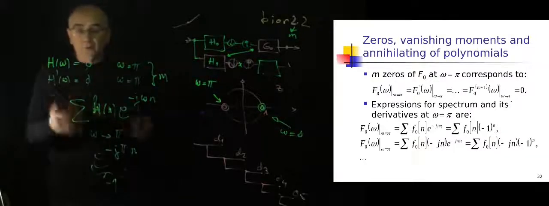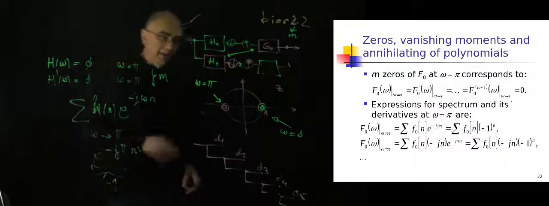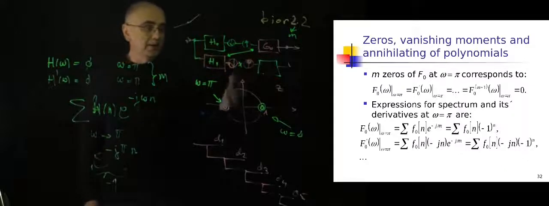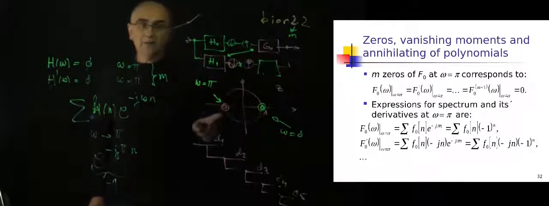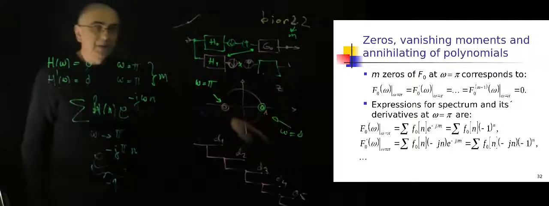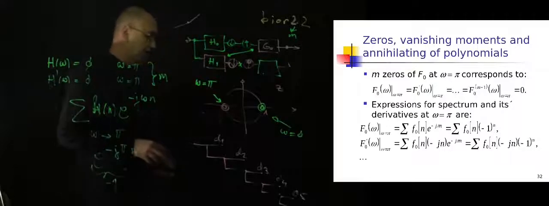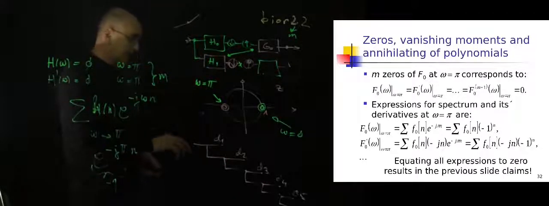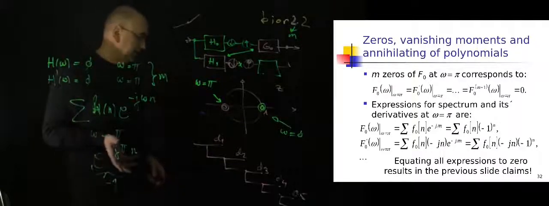I can go on and on to the second derivative, to the third derivative, but if my filter is designed in such a way that this filter has zeros at the Nyquist frequency, then all of them will be equal to 0. If I just equate these expressions to 0, what I'm going to get is exactly the claim from the previous slide.